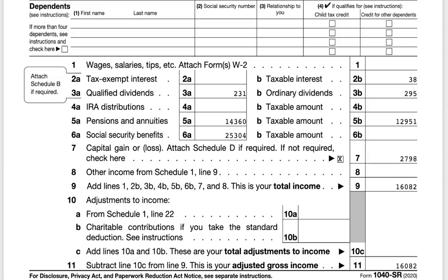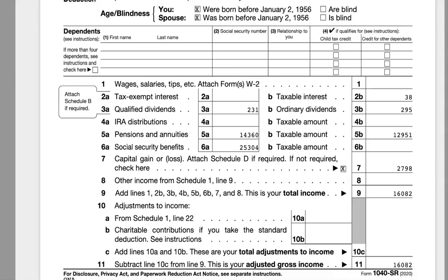So basically, this is a retired couple with some investment income. If you look at line 6, Social Security benefits, you'll see that while the total benefits, $25,304, were fairly substantial, the taxable amount is 0, and that's because non-Social Security income is relatively small.